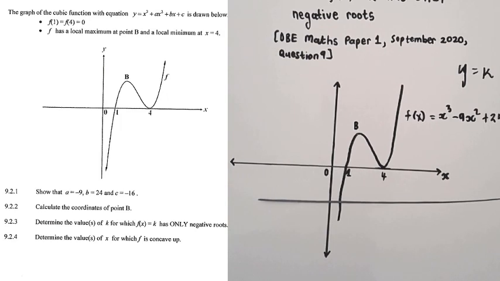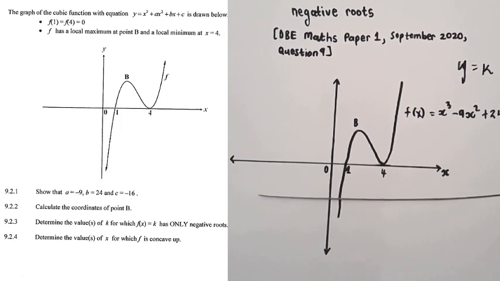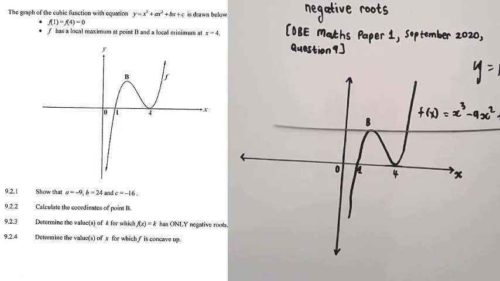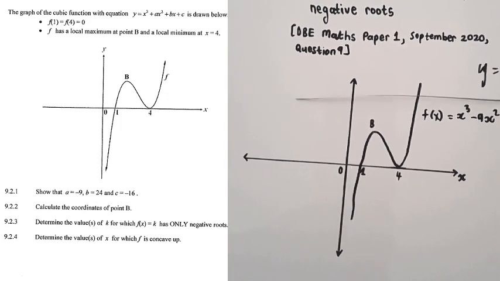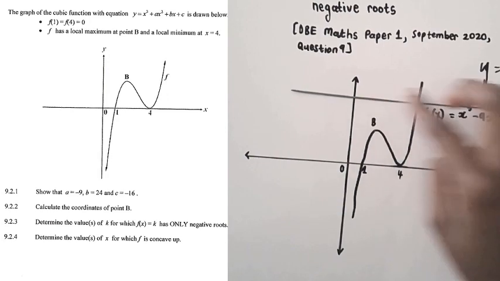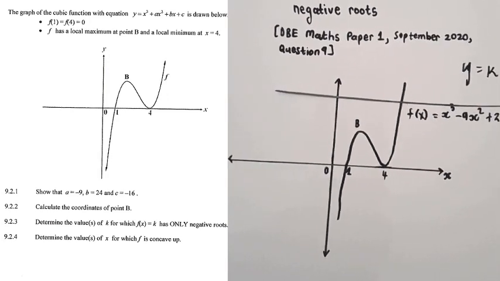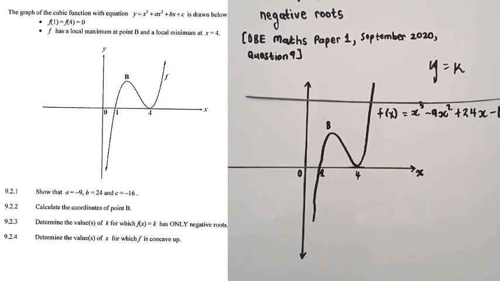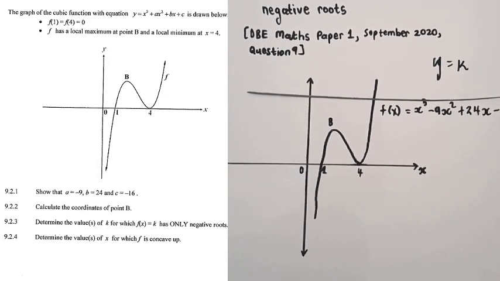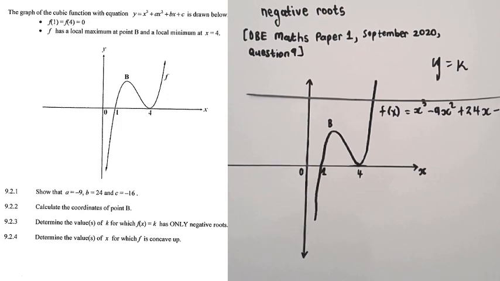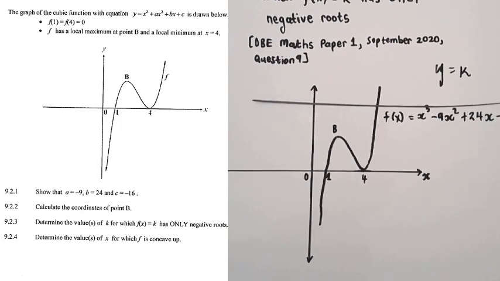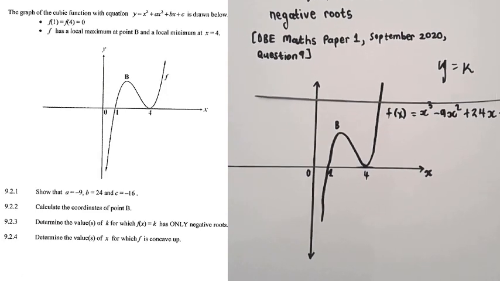Let's put it way at the top. If this was our unknown horizontal line y equals k, notice that it is intersecting our f of x function. That's the first condition that is met.